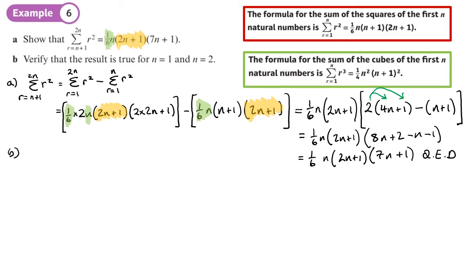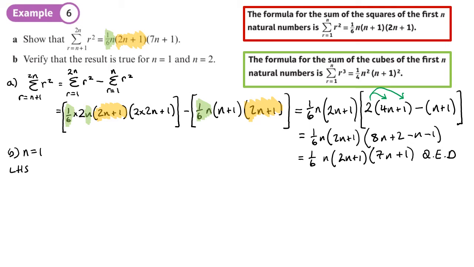Part B, verify the result is true for n equals 1 and n equals 2. Right, so if we're going to do this, what we're trying to prove is you get the same answer on both sides for n is 1 and n is 2. So when n is 1, what do we get on the left hand side?